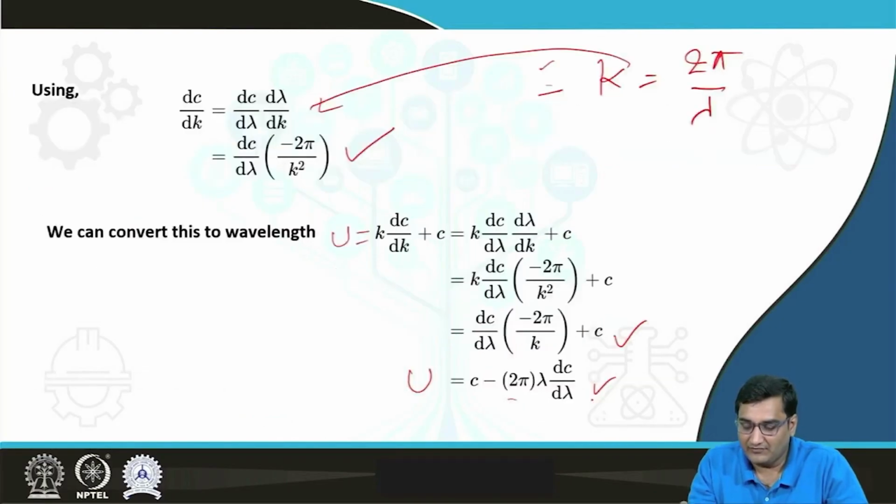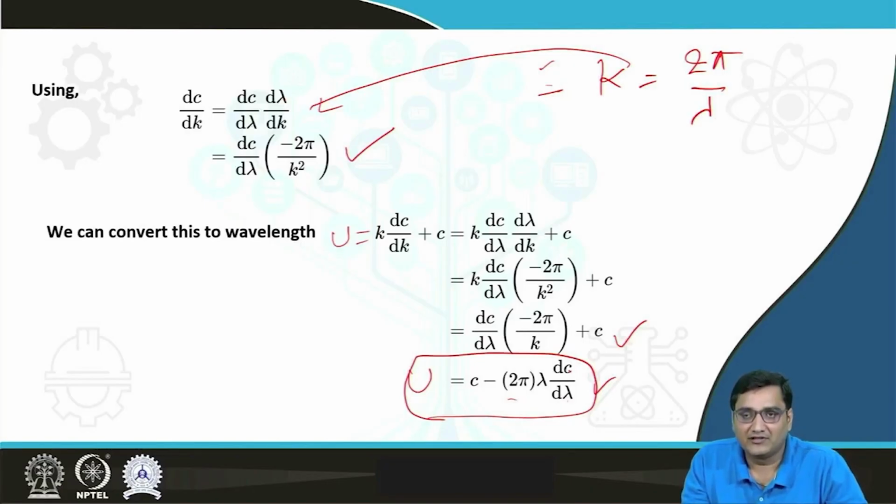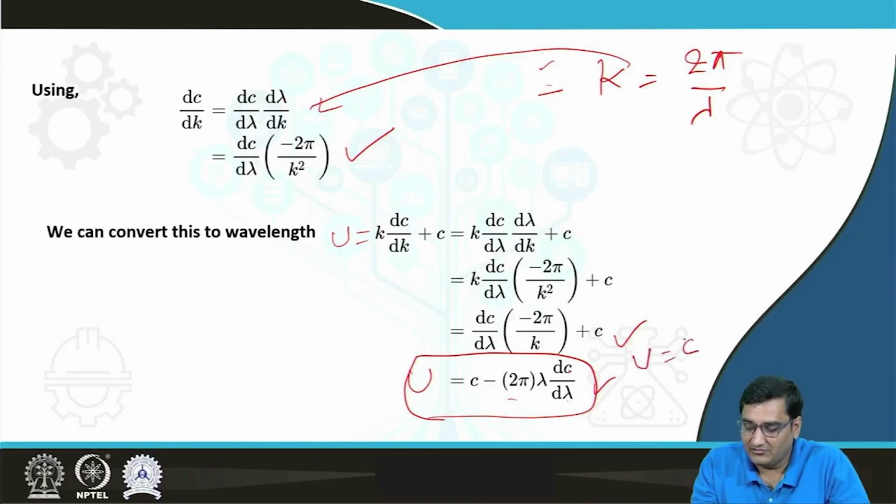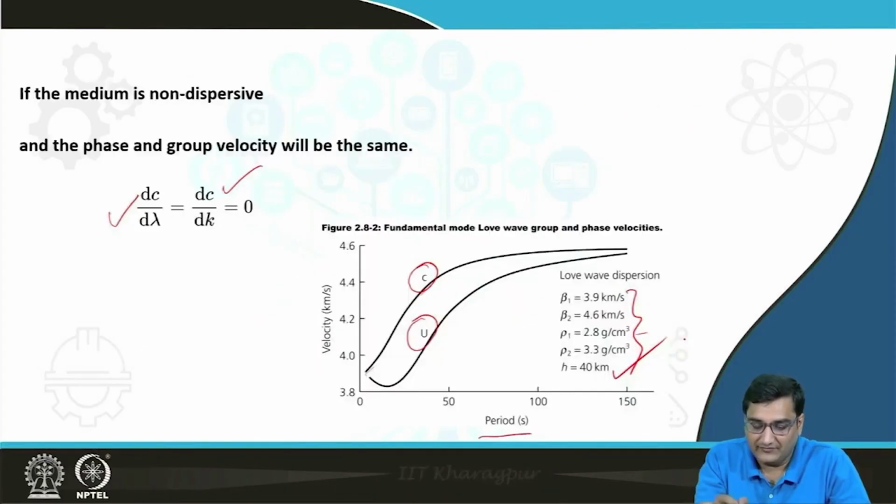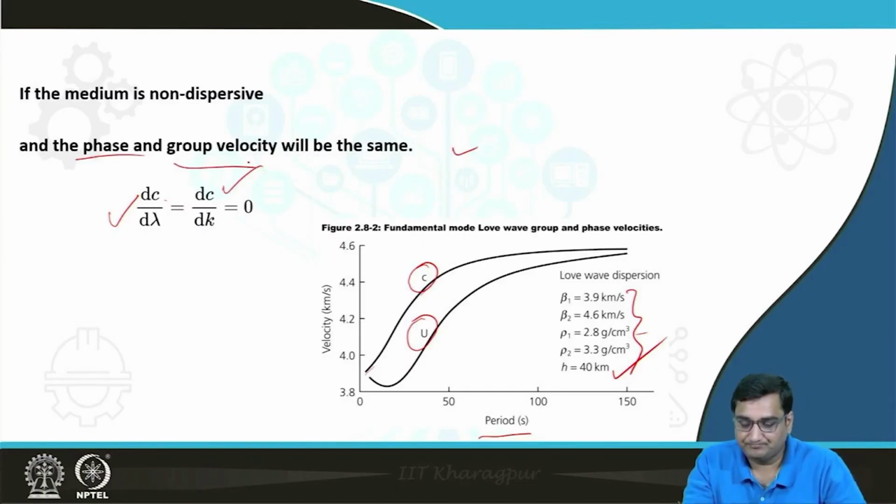Also, if you look at this term, dc by d lambda will become 0 in the case of a non-dispersive medium, and then finally you get u is equal to c. So that is what is written here: dc by d lambda in the case of a non-dispersive medium will be equal to dc by dk is equal to 0, and the phase velocity and the group velocity will be the same.